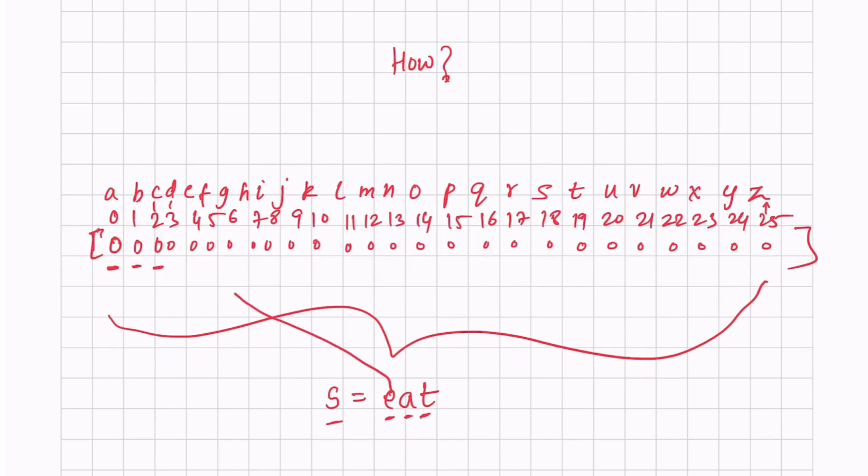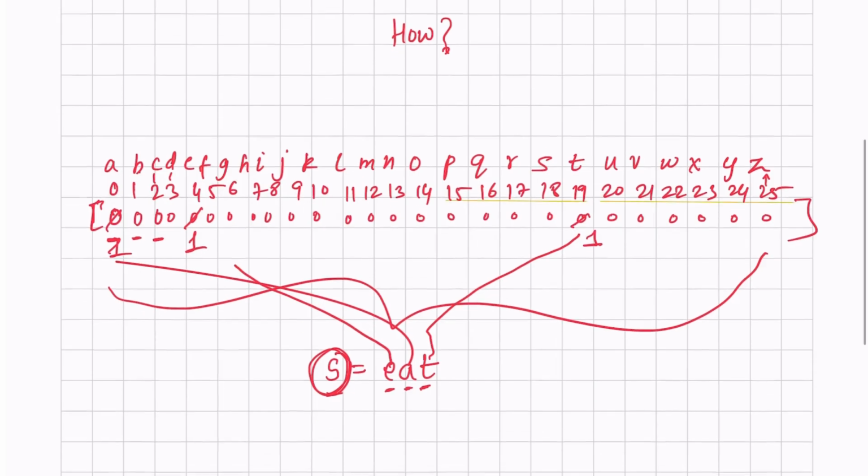So E, I can go and mark position 4 to 1. For A, I can go and mark position 0 to 1, and for T, I can go and mark position 19 to 1, right? Once you have calculated the frequency for a particular string, right, that becomes your key.